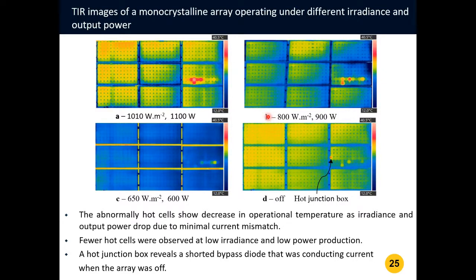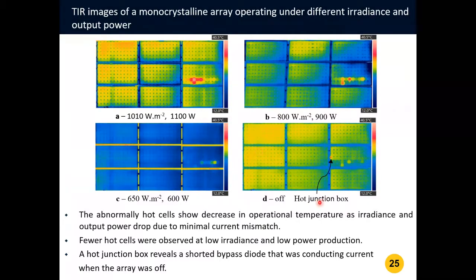It can be seen that there are many hot cells on the TIR image captured under high irradiance and high output power, and as the irradiance and output power drops, the number of hot cells decreases, as can be seen in these two images that were captured under lower irradiance and lower output power.